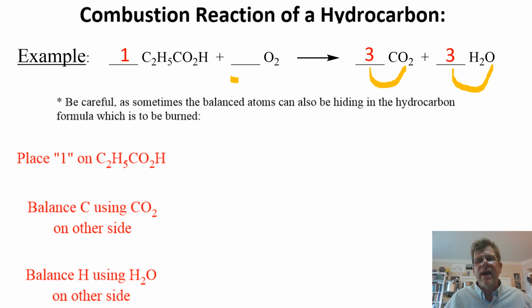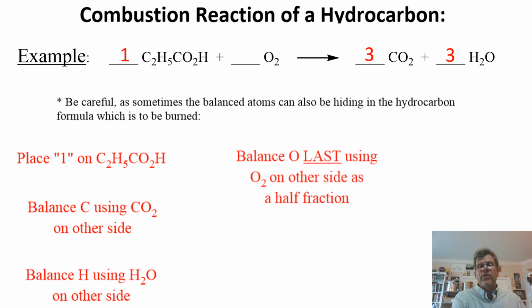How do we get 9, ostensibly an odd number, from a packet that can only deliver even numbers because it's 2 to a packet? Well, again, we're going to get those 9 oxygens using half fractions.